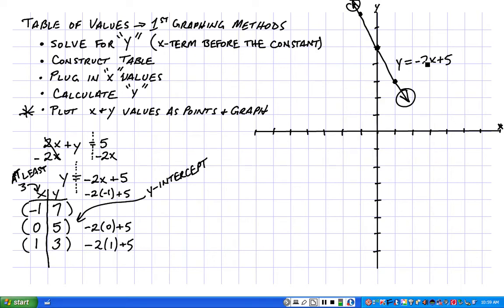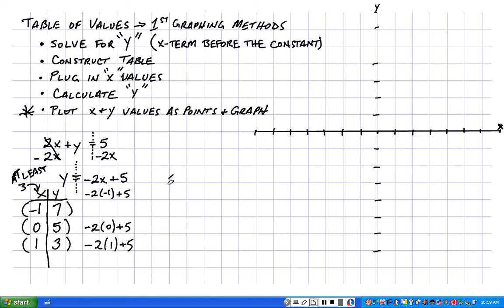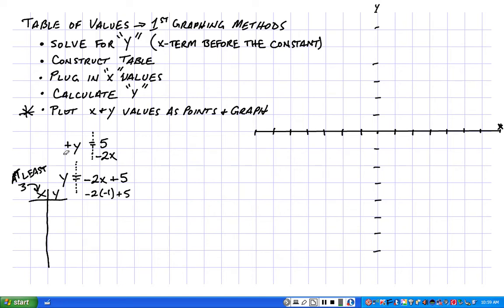Okay, so let's try another one. Just give me a minute to finish erasing.